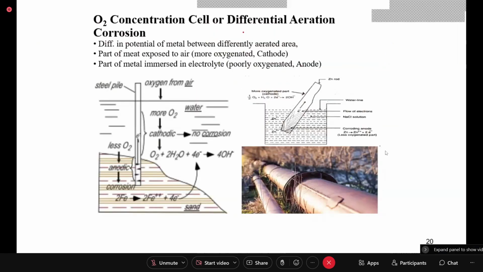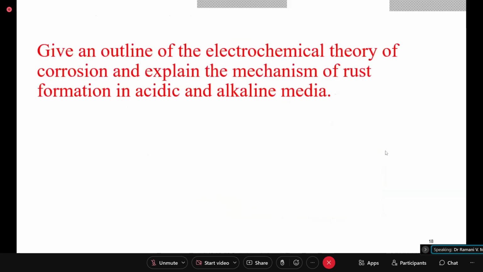So we come to the O2 concentration cell or differential aeration cell. Now, some of the theory part is not prepared in the PPT, so you can read this part from the book.